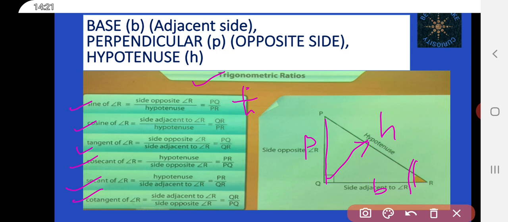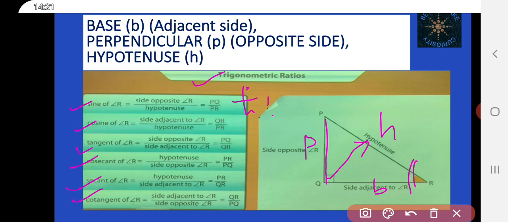Cosine of angle R is equal to side adjacent to angle R by hypotenuse is equal to QR by PR, that is B by H. B by H.